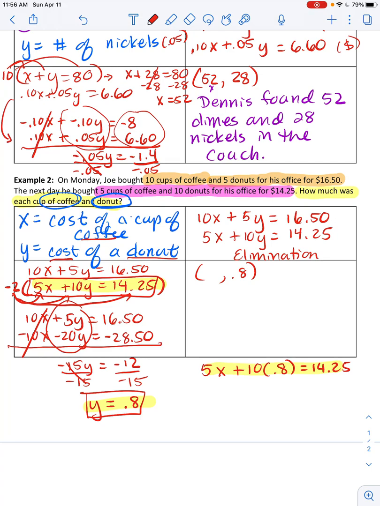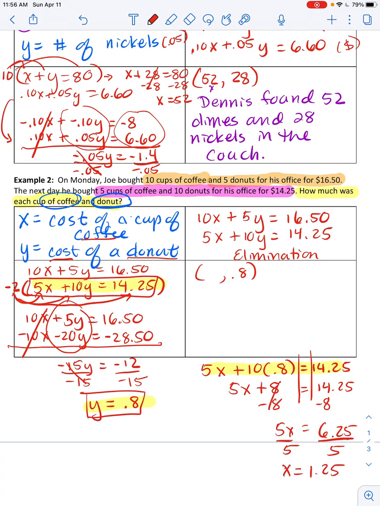So when I take 10 times my 0.8, that's going to turn into an 8. So I'll have 5x plus 8 equals 14.25. Continuing my solving like we've been doing all year, I get 5x equals 6.25. And dividing 6.25 by 5, I find out that x equals 1.25.